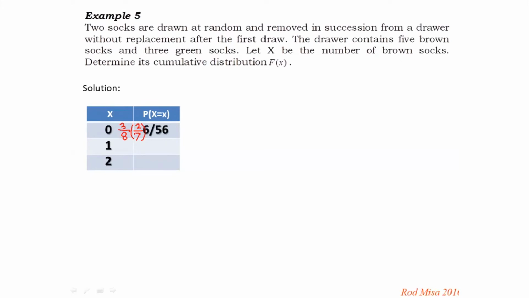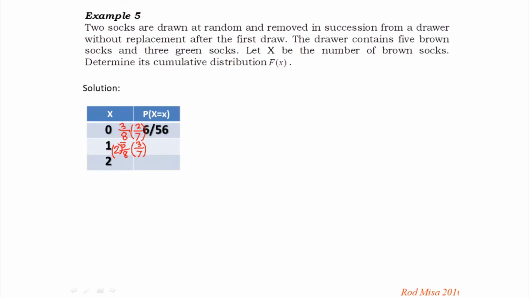And for the random variable 1, we draw exactly one brown sock. Drawing exactly one brown sock is to draw 5 out of 8, multiplied by 3 over 7 since the second draw is a green sock. But obtaining exactly one brown sock can be done in two ways, so we need to multiply this by 2.